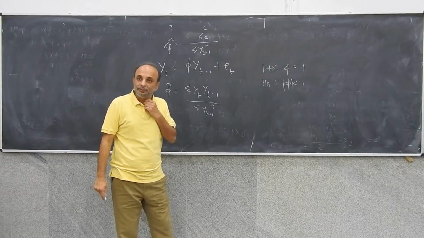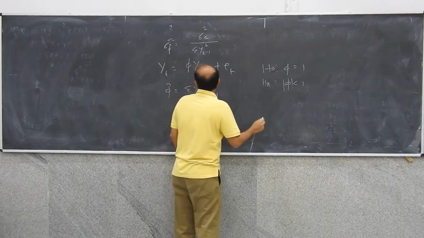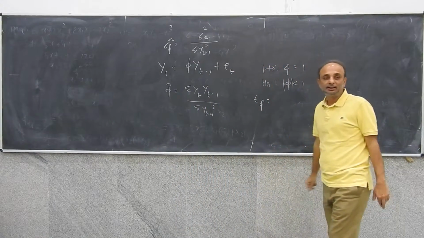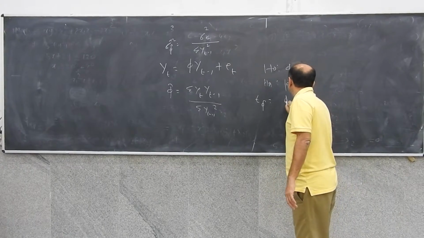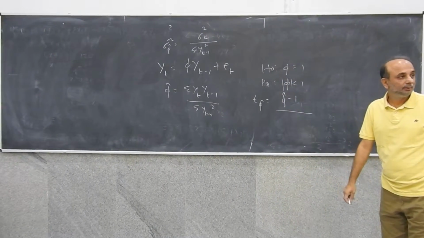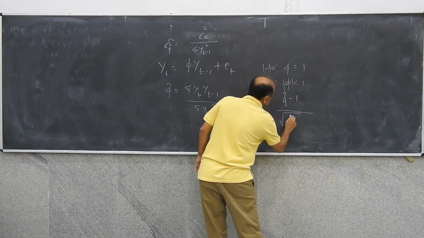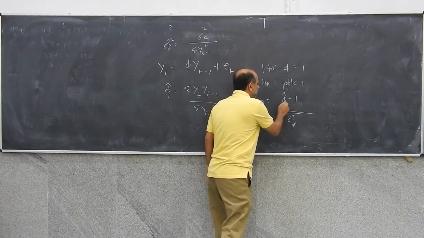Okay? Then what do you have to do? The standard approach would be you calculate the T phi statistic, which is phi hat minus 1 upon sigma hat square phi hat, right?